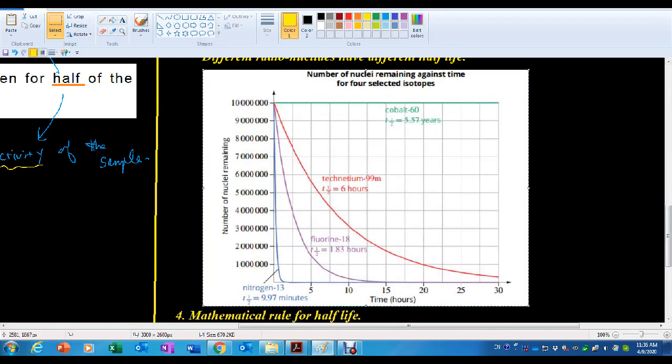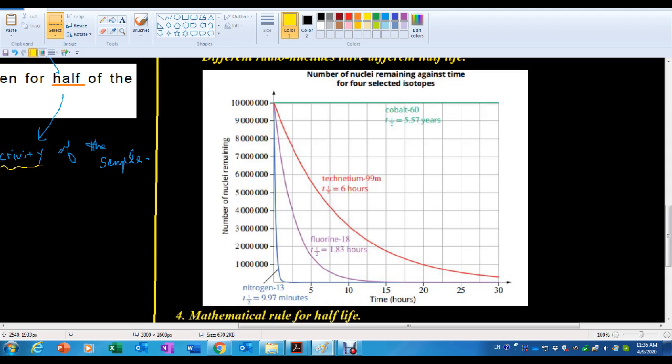Again, the y-axis is the number of undecayed nuclei, and the x-axis is the time in units of hours. So you see they compare, all right, how many types? There are 4 types: nitrogen, fluorine, vanadium, and cobalt.